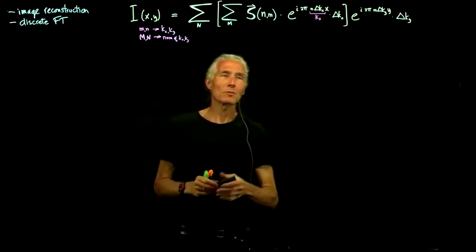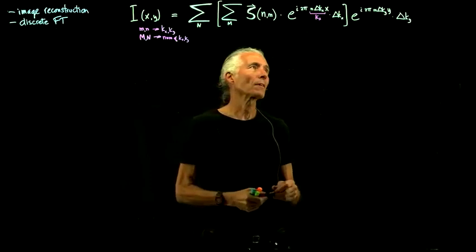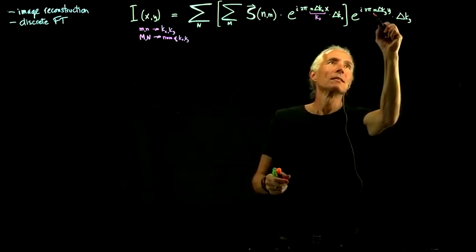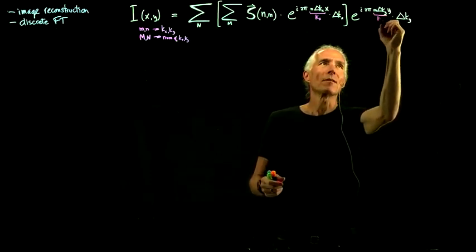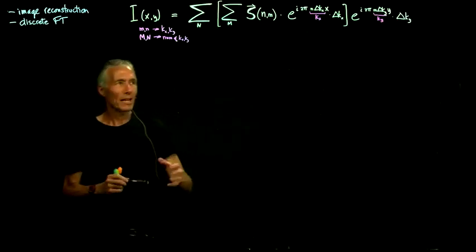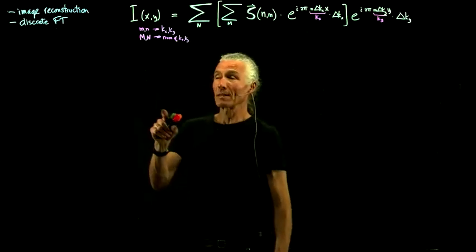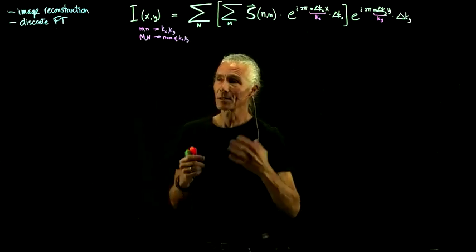So n times delta kx just tells us what the kx is, and same for here, this is just ky. Okay, so that's the actual way we reconstruct images. That's a discrete Fourier transform.